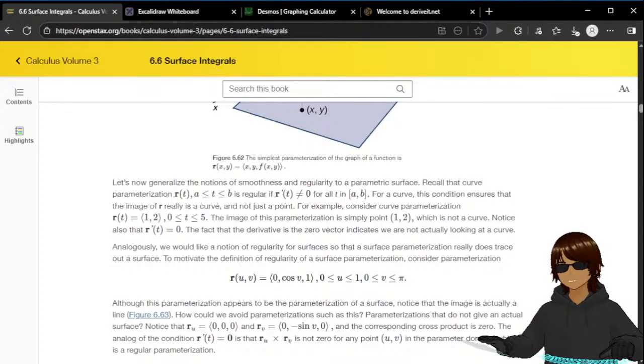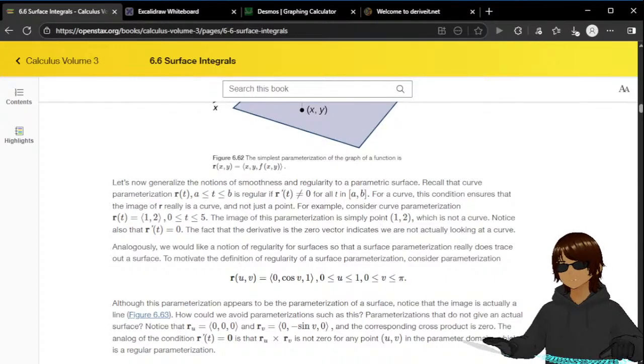The image of this parameterization is simply the point (1, 2), which is not a curve. Notice that also the derivative of r(t) is equal to 0. The fact that the derivative is the zero vector indicates we are not actually looking at a curve.